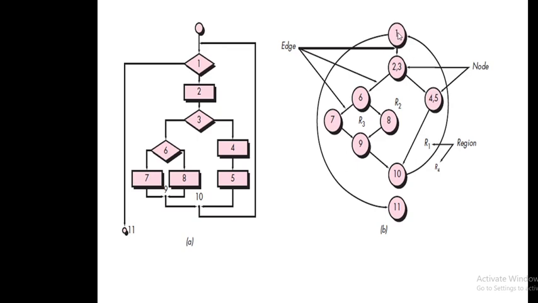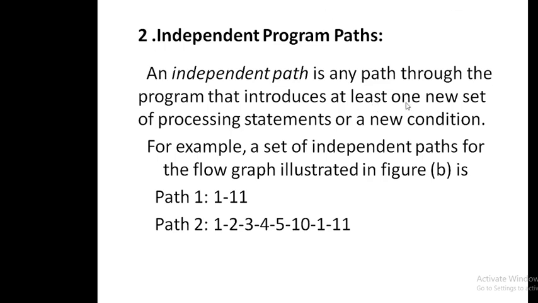A path must contain a start and an end, and it must contain at least one processing statement or a new condition. A condition is nothing but something that provides a boolean value. For example, if a greater than b is a condition: if it is true, it goes to the true side, and if a greater than b is false, it goes to the false side. So an independent program path must contain at least one processing statement or a new condition.